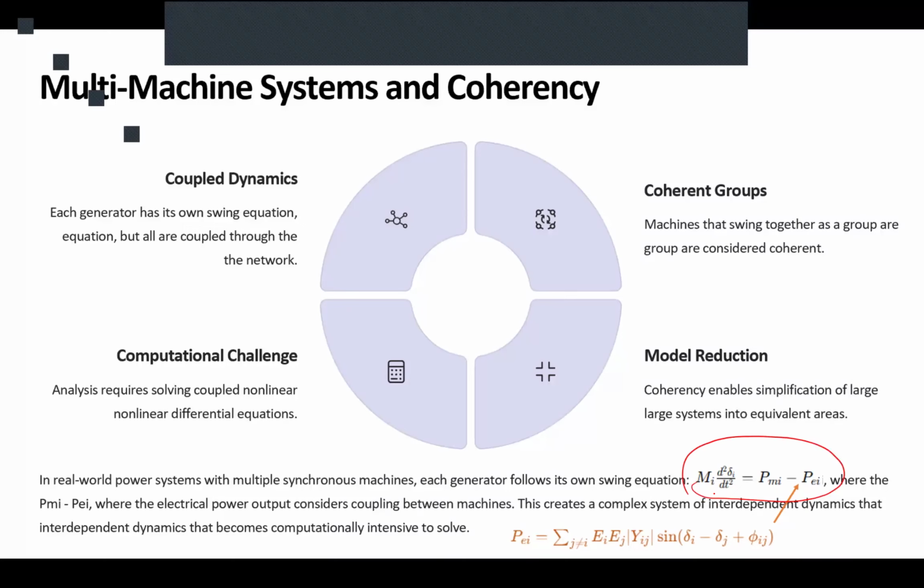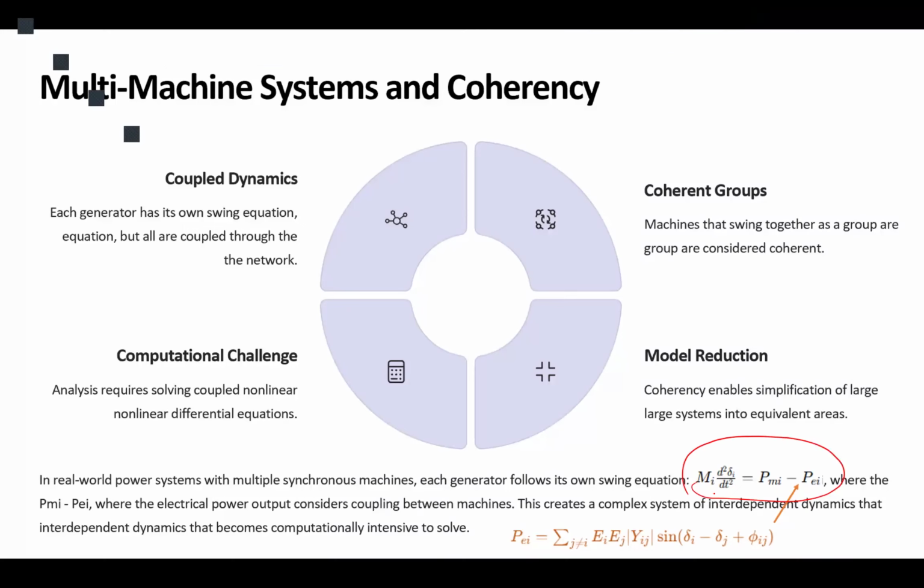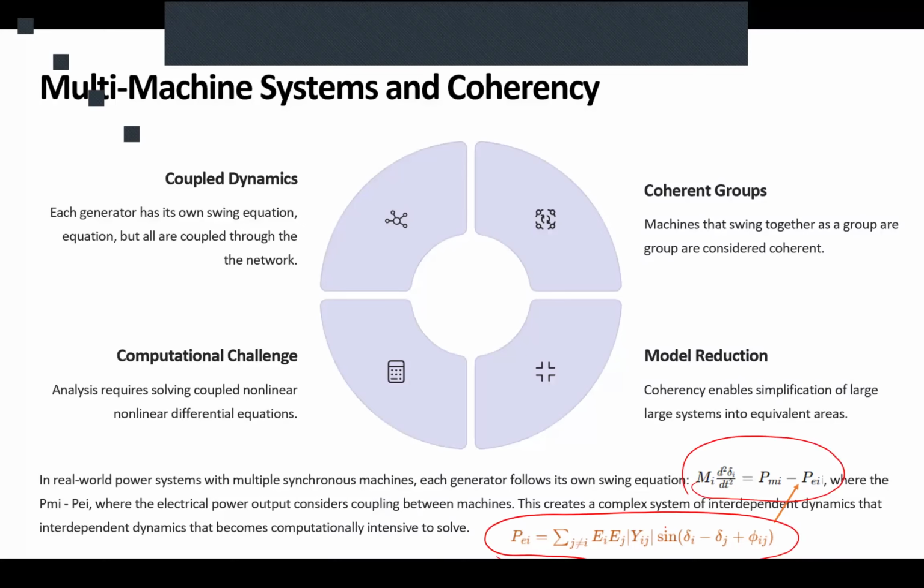Each of them has their own mechanical P, so PMi. Each of them has their own electrical P, PEi. And we know that we could use our model for PEi, which is E E admittance sine of delta theta. Are we good?